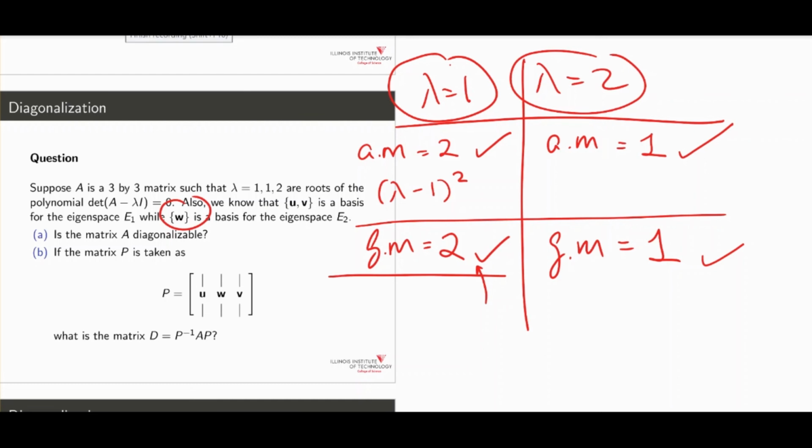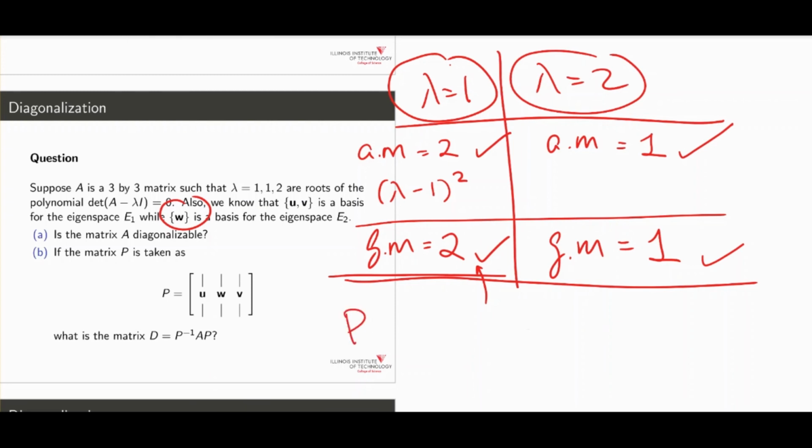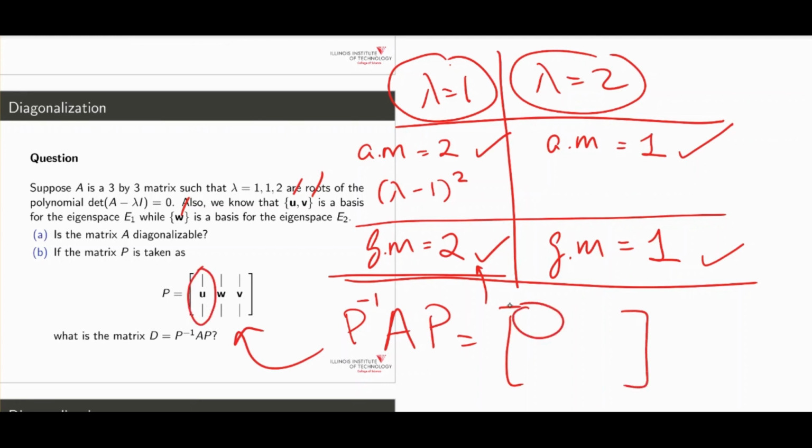In fact, we have enough linearly independent eigenvectors to diagonalize the matrix. U, V, and W are all linearly independent. So if you put them into your matrix P like this, your matrix P is invertible, and P inverse A P gives you a diagonal matrix, where the entries are the eigenvalues corresponding to each eigenvector.